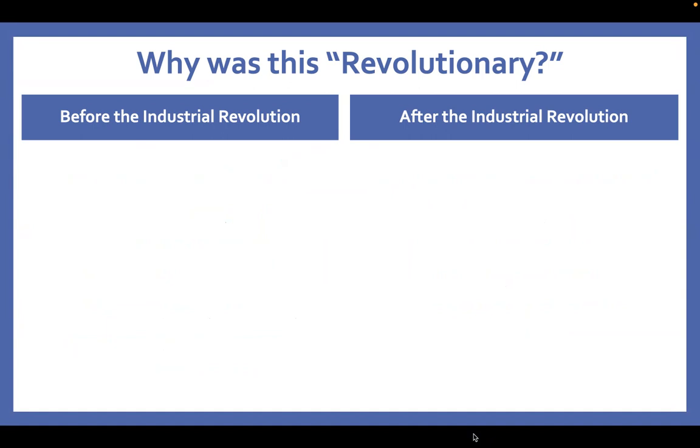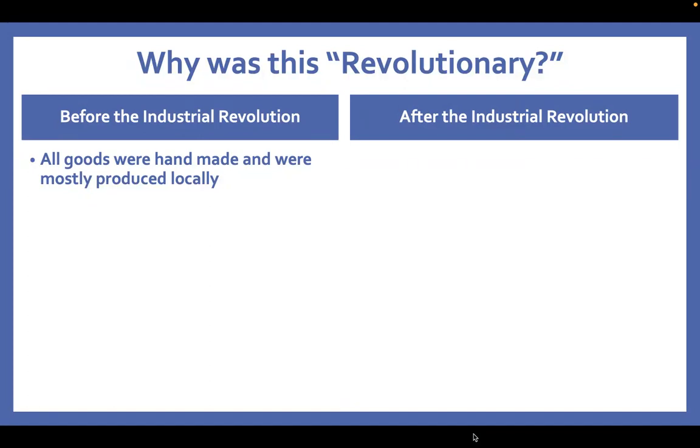So, just to give you a hint as to how revolutionary it was, how did it change the processes that govern a human's life? We begin with how life was prior to the Industrial Revolution. Before 1771, all goods were handmade and were mostly produced locally.